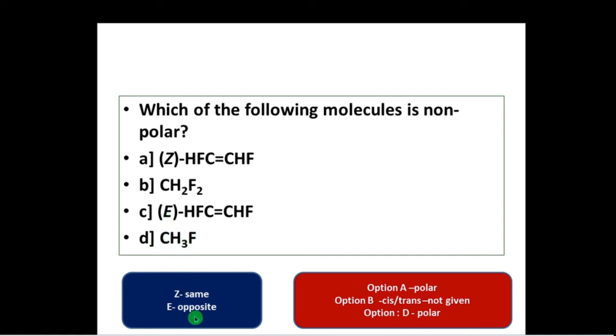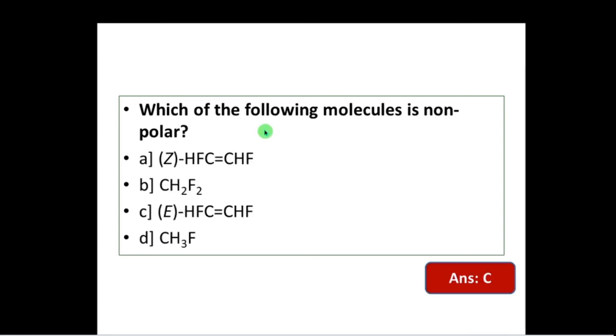Only in the case of the opposite side, because of the presence of fluoro groups on the top and bottom, can they compensate each other, so the attraction of electrons from carbon to fluorine is balanced. So option C is the correct one, because this one is non-polar.